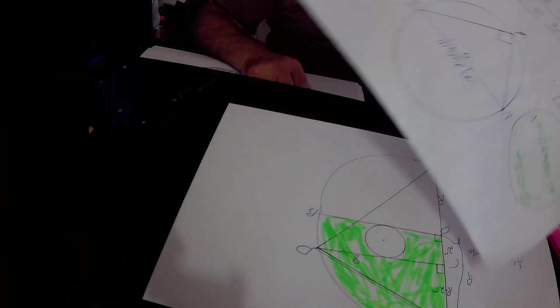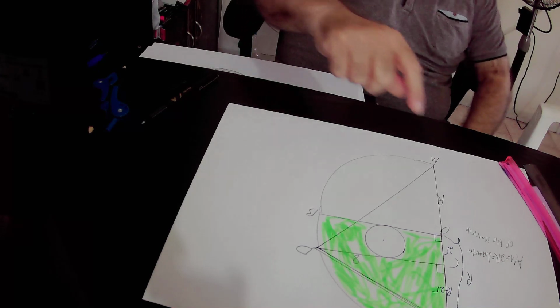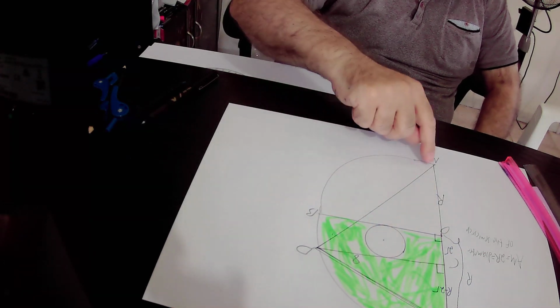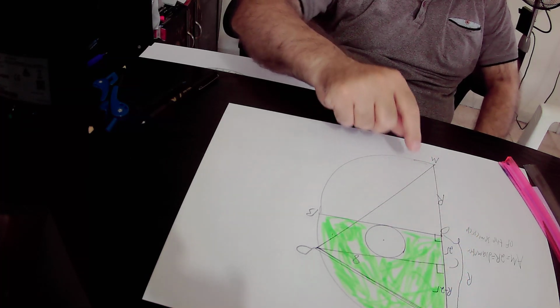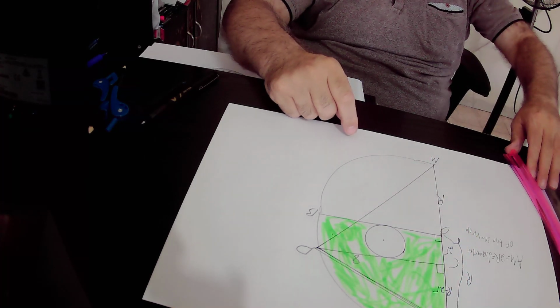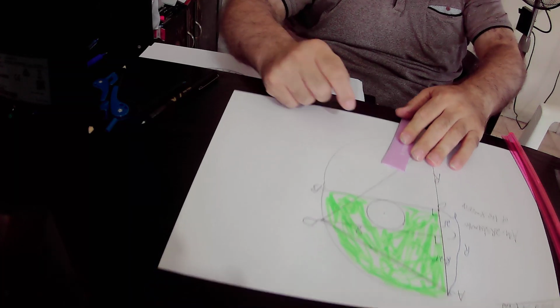Why? Because in our drawing we have peripheral angle ADM that rests on AM, that is the diameter of this semicircle. Therefore, peripheral angle ADM equals 90 degrees according to rule number 5.